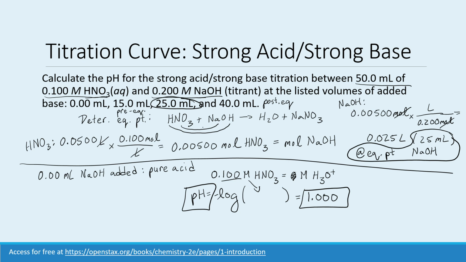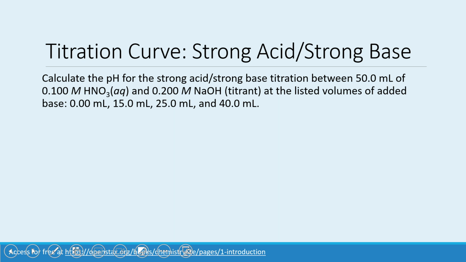And with 3 significant figures, so we'll go 3 decimal places out, you find that it is 1.000. Okay, so simple enough. Now the second one, the 15 milliliters, that's where we're going to have to look before the equivalence point. So 15 milliliters of sodium hydroxide is before the equivalence point.